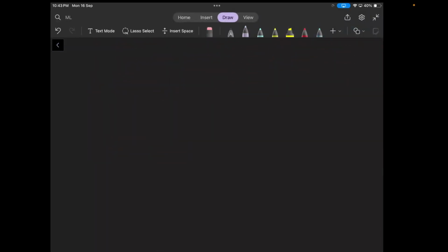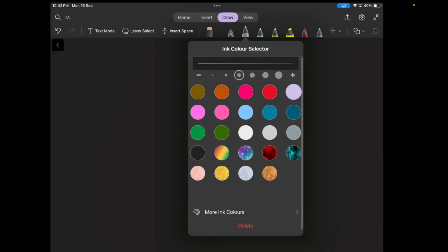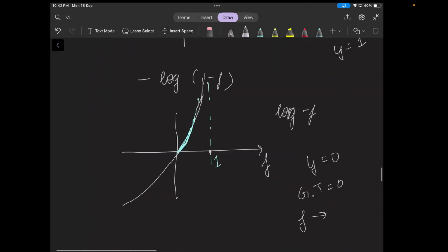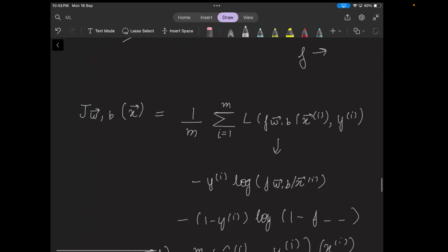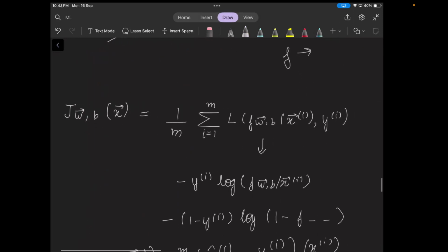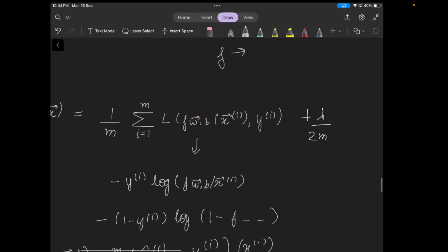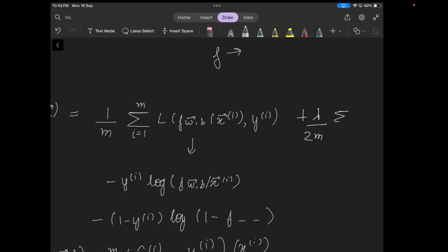Now what do we do in case of regularization? So this was our cost function for the logistic regression, and we just simply add lambda over 2m, so lambda here is our regularization parameter.